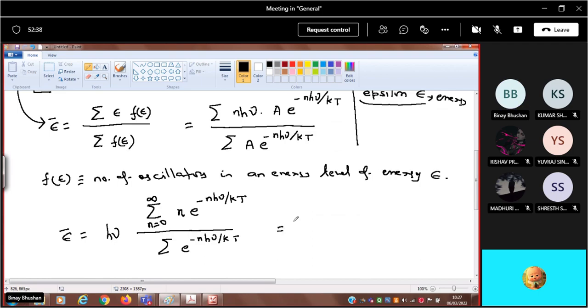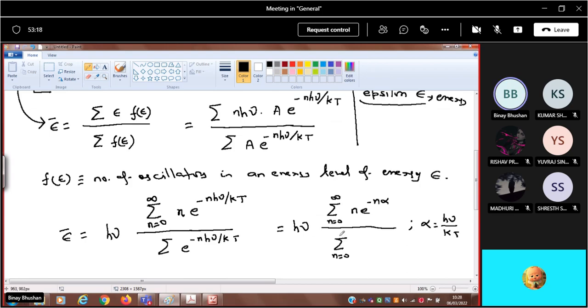Right? So we have a very compact form: hν, then summation n equal to 0 to infinity, n e to the power minus nα. Let us take, say, α equal to hν by kT. hν by kT is in the numerator as well as in the denominator.